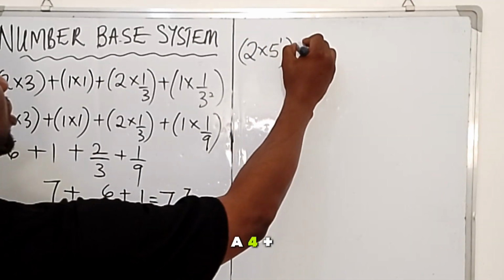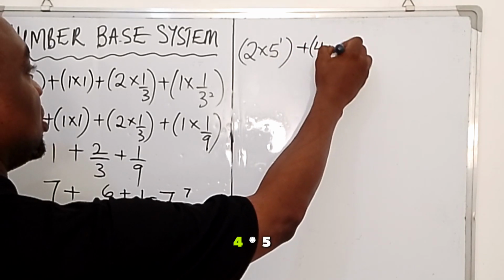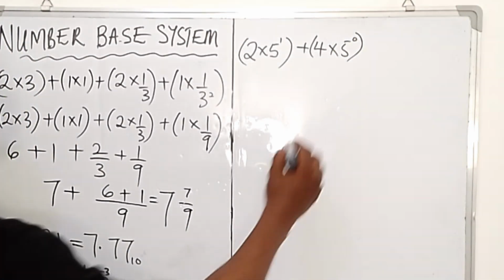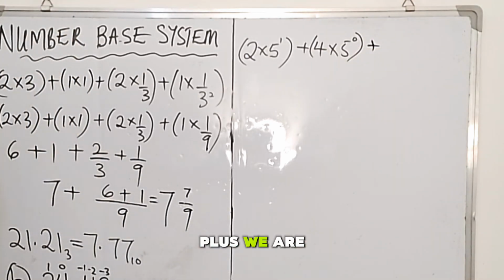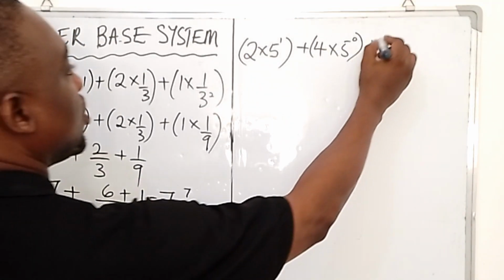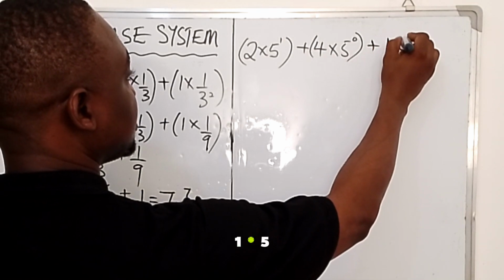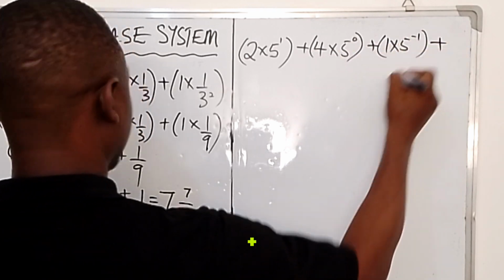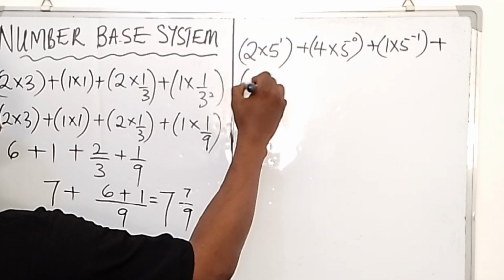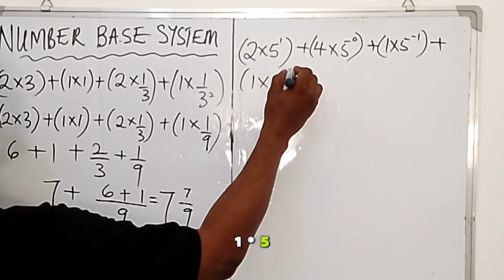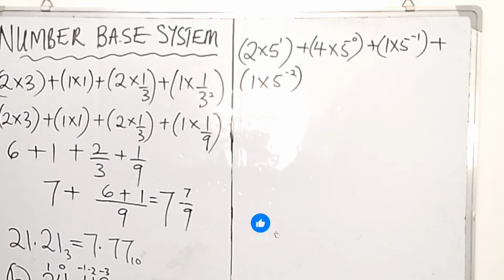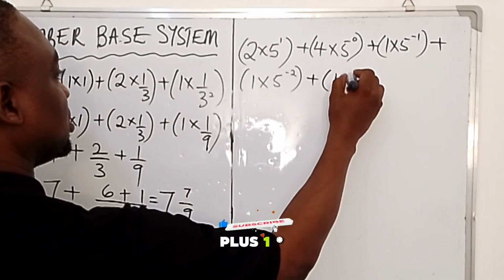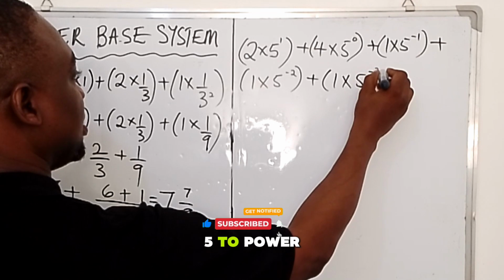Next number is a 4, plus 4 times 5 to power 0, plus 1 times 5 to power minus 1, plus 1 times 5 to power minus 2, plus 1 times 5 to power minus 3.